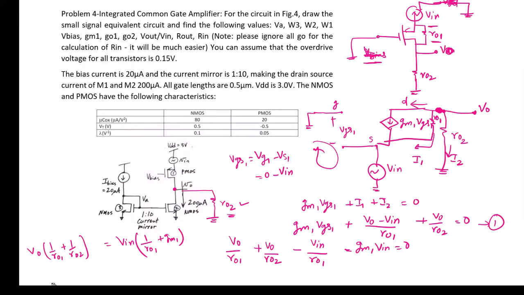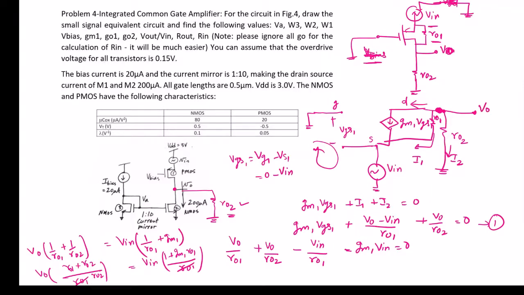So we can further write this equation as VO times (RO1 plus RO2) divided by RO1 RO2 equals Vin times (1 plus GM1 RO1) divided by RO1. So in the denominator RO1 will cancel out.